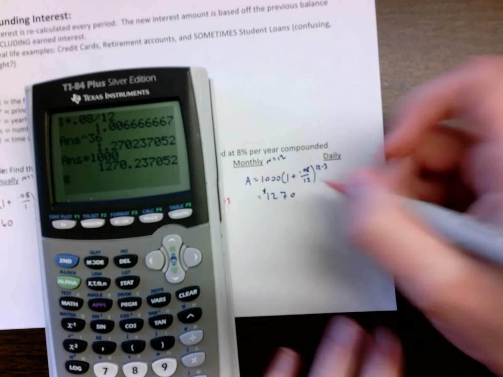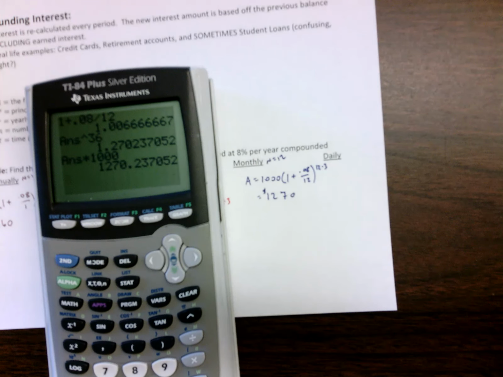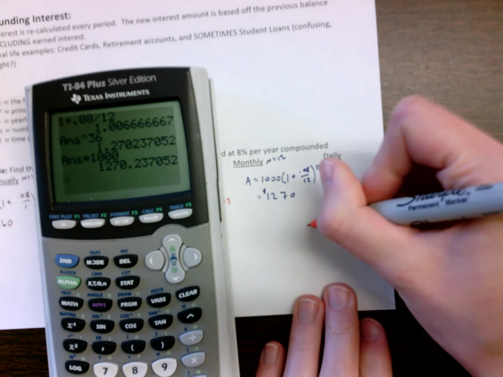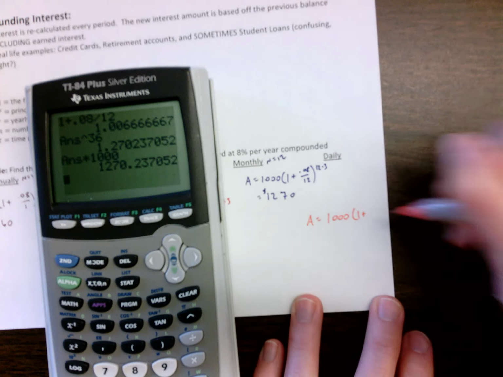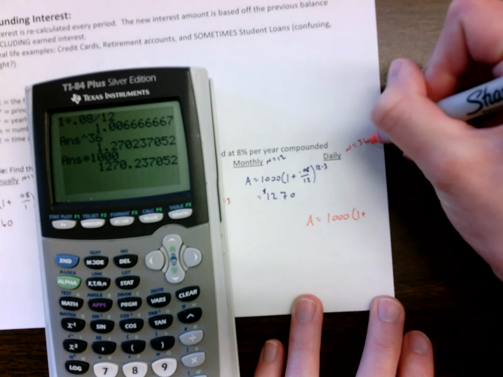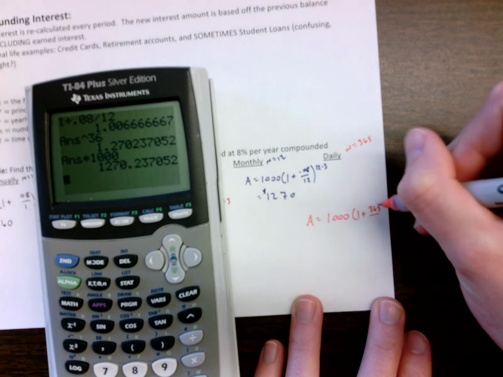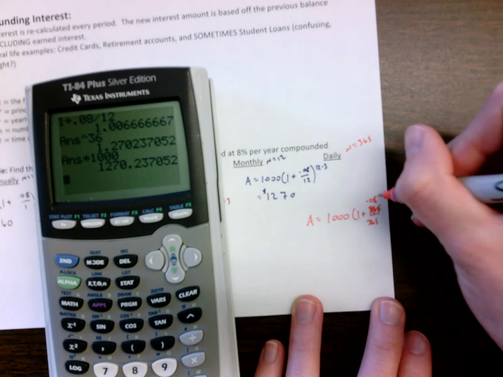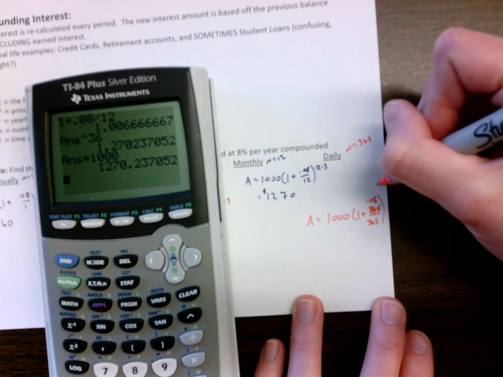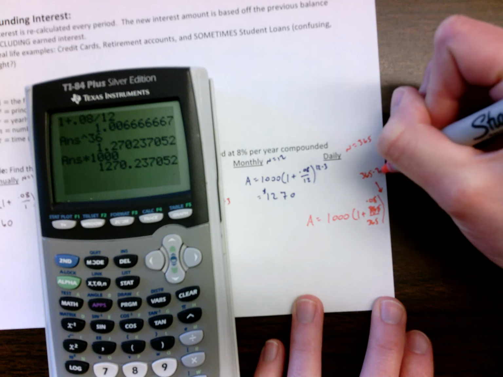All right, and then our last one, compounding daily, which again, this is how credit card interest works. Credit card interest compounds daily. We're going to talk about that more later. So 1,000 times 1 plus, and daily is off of 365. So, whoops, I put that in the wrong spot. 0.08 divided by 365, and then it's raised to the 365 times 3. I can't quite fit it.